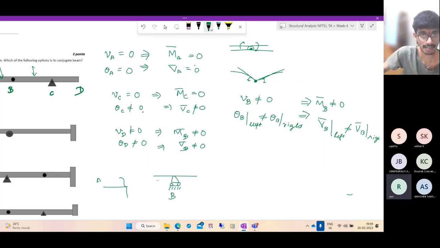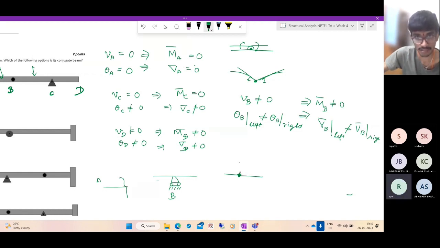What is the condition at C? An internal hinge. Very good. Why? Moment is 0. So at C, the moment should be 0, and the shear force is non-zero. Not only that, shear force is also continuous. So it's not enough to say there's an internal hinge. We should also say that it doesn't have any concentrated force.